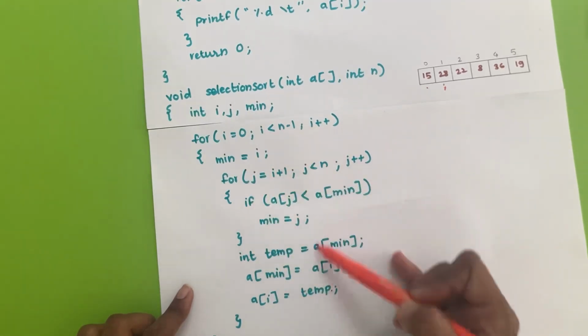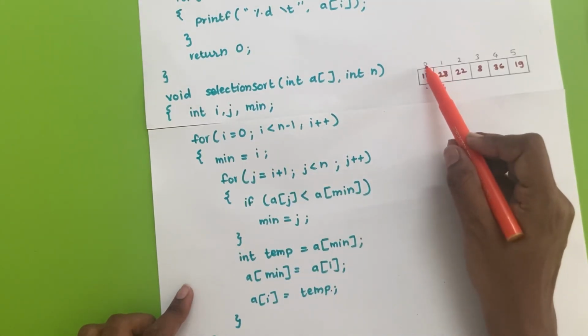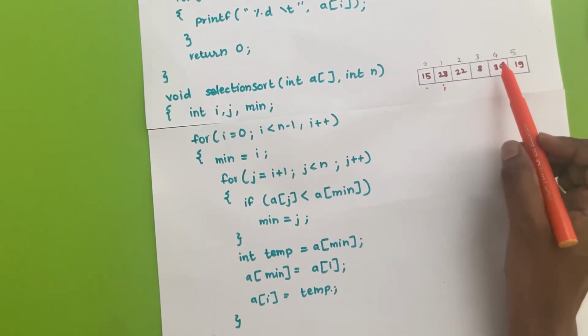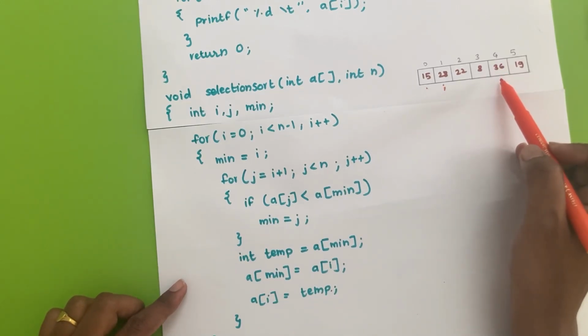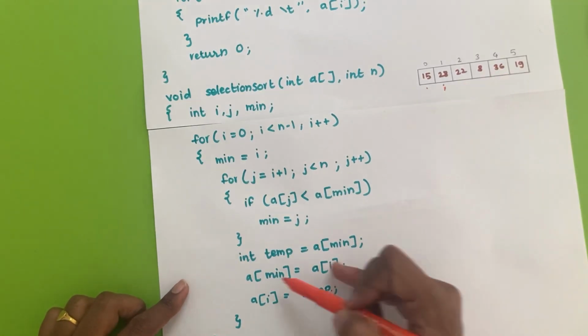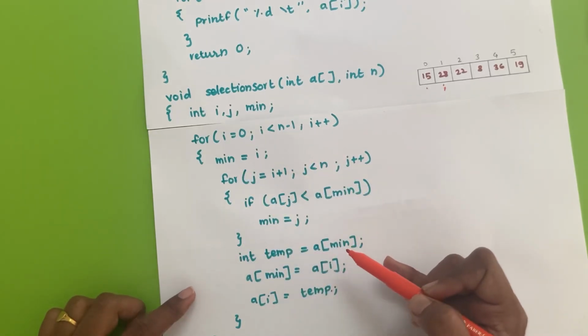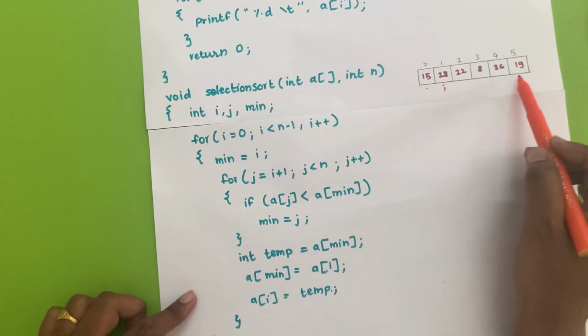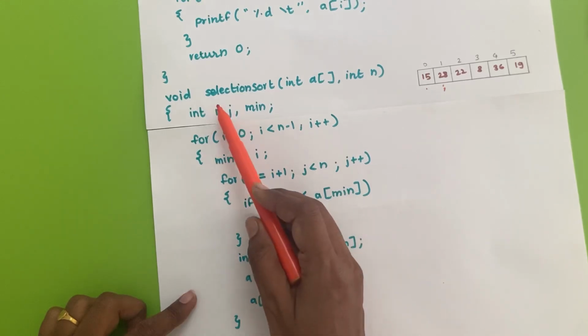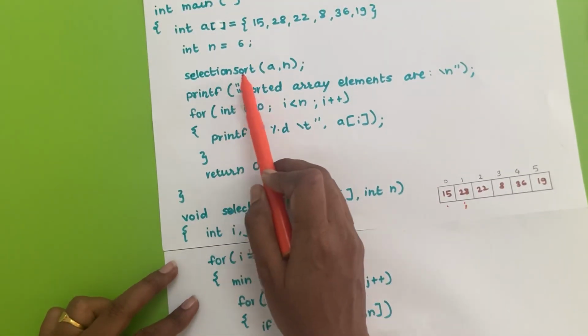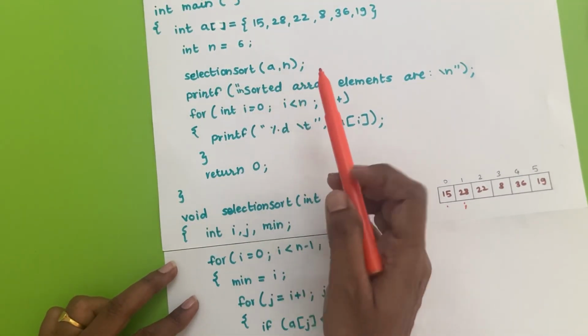Okay, so this will go on repeating from 0 to 4, means total 5 times it will be executed, and after that we will get the sorted array with the help of the selection sort function. So here the selection sort function is executed.